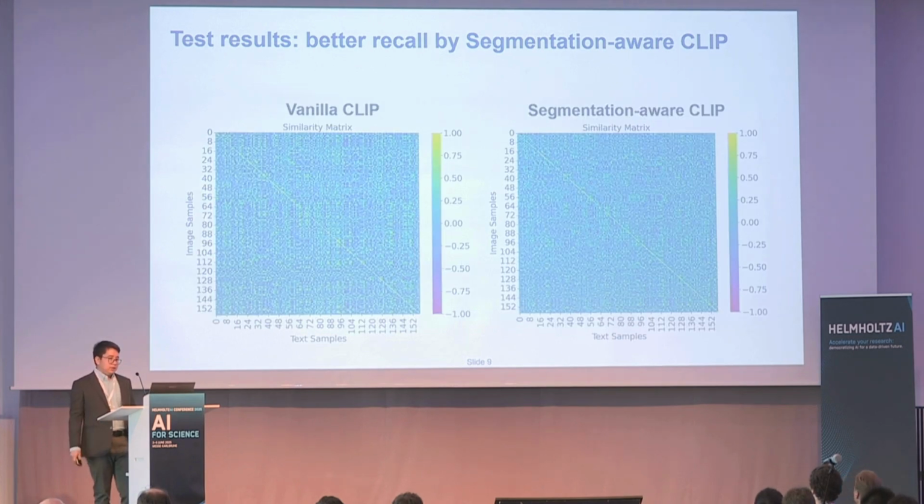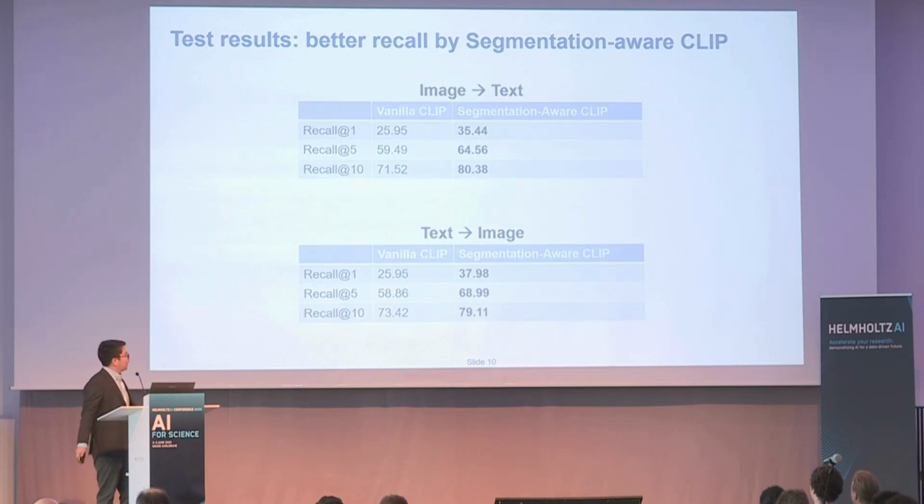You could see this in the similarity matrices, where on the y-axis you see the image samples and the text samples are on the x-axis. What you want is this diagonal line to be as bright as possible. Believe me when I say that the one for the segmentation-aware CLIP is brighter, but if you cannot see it well here, I can show you some concrete numbers.